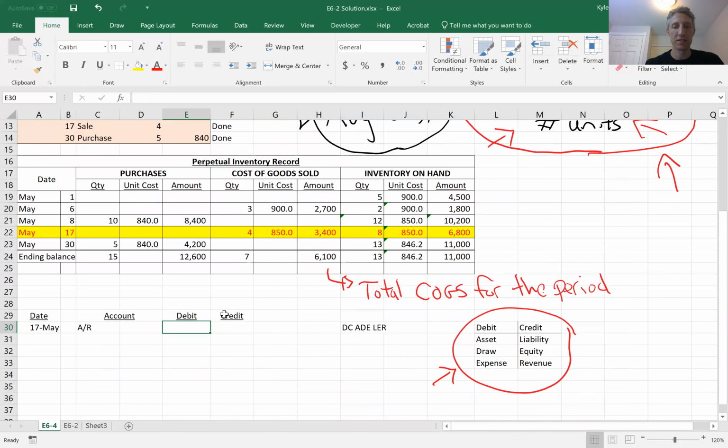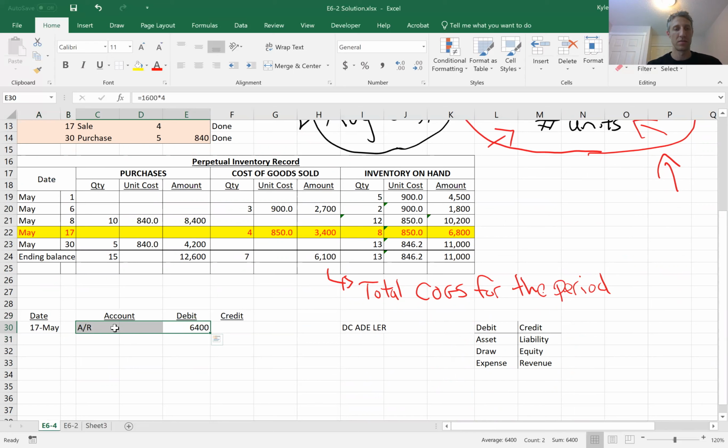That's the unit price, so the revenue amount is 1,600 multiplied by 4 units sold. I'm debiting accounts receivable because it's an asset account, and to increase assets, I debit assets. Accounts receivable went up because we made a sale, so I'm going to credit sales revenue by $6,400, because to increase revenue, I credit revenue.